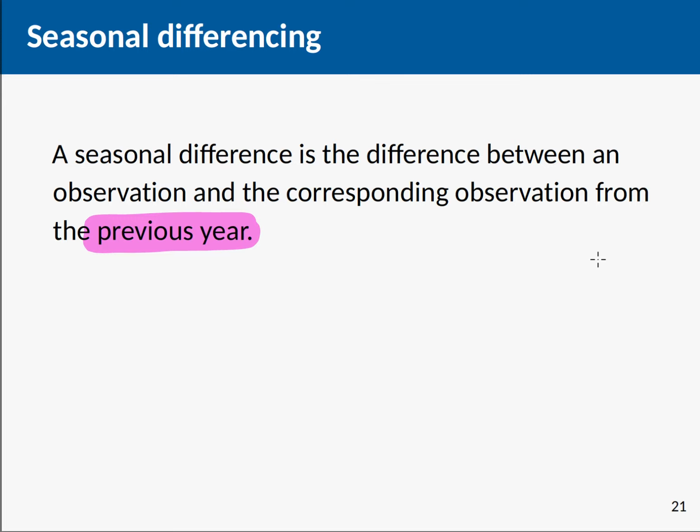We also have a technique called seasonal differencing, which is just looking at the difference between an observation and the corresponding observation from the previous year.